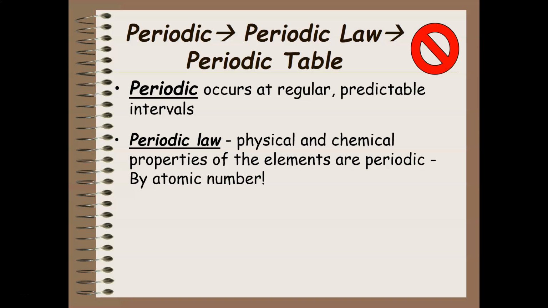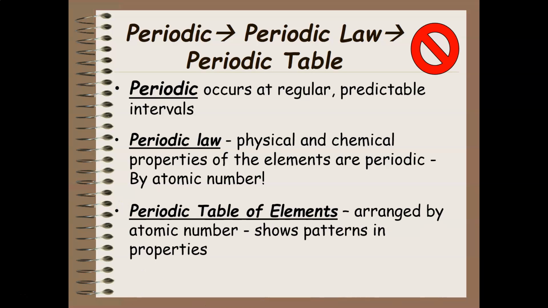Once they realized that the elements were showing this predictable set of patterns, they were able to arrange them based on the atomic number to really highlight and make those patterns more easily accessible to us. We can look at where an element is and figure out what its properties are most likely going to be.